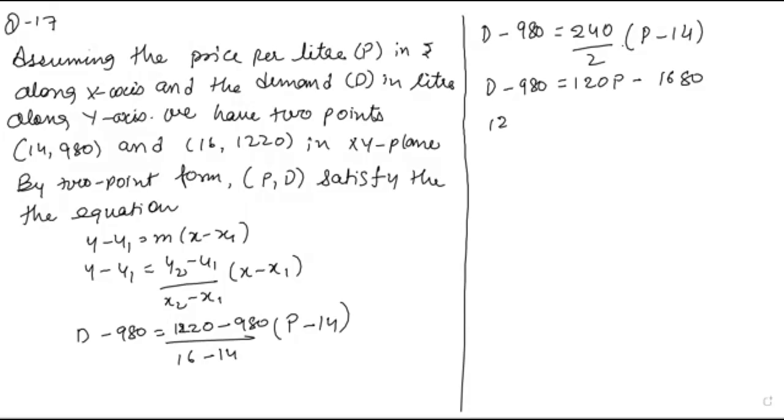So let's express this in terms of D. Then D is equal to 120P minus 700. So this is the relation between demand and price.